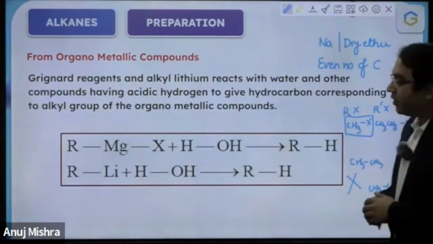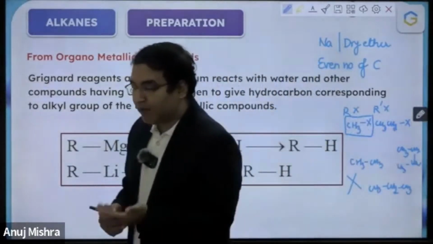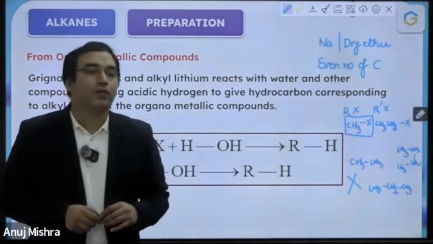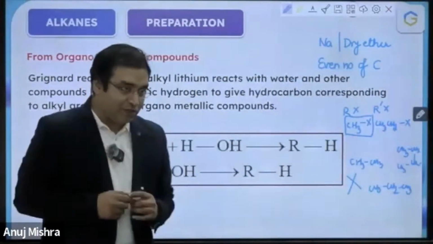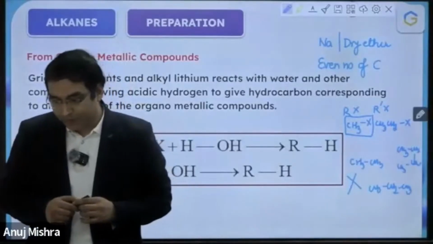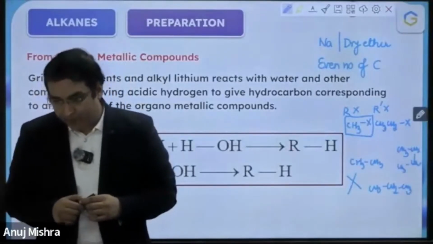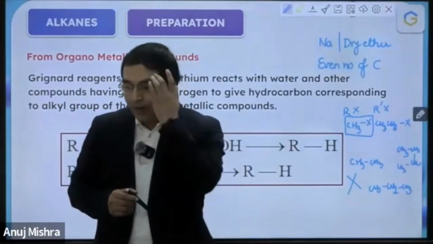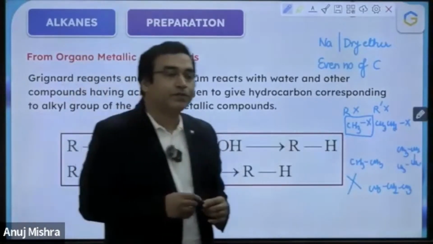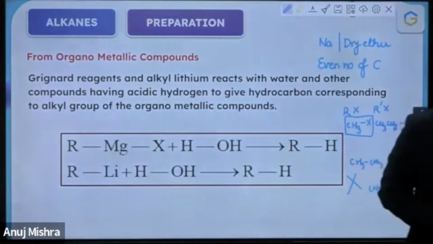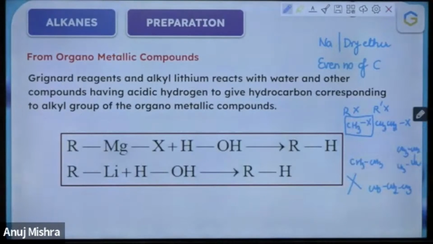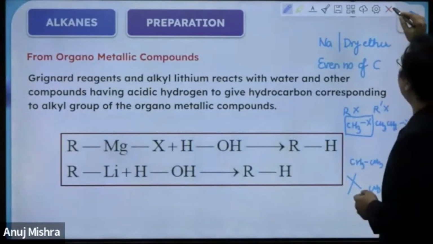So the next question that comes up here is, can you suggest something better reaction? Some better reaction which can give you product of your choice? Any idea? Arjun, any idea? So basically, Wood's reaction is decent reaction, but not very good reaction.